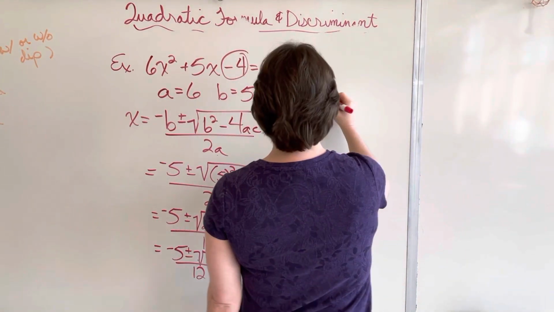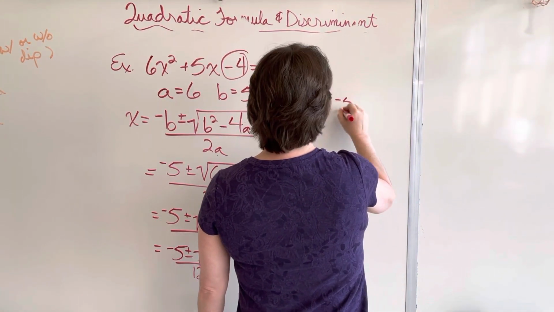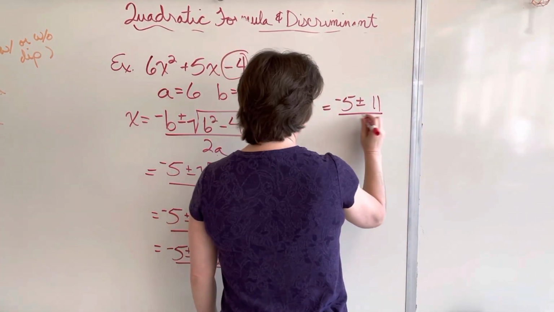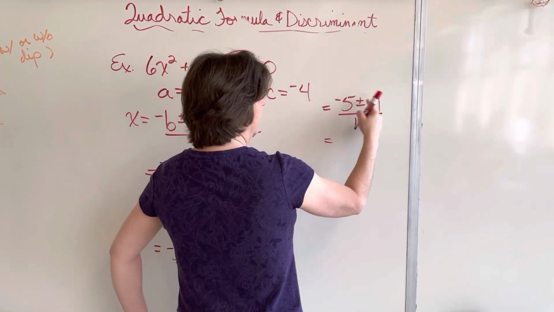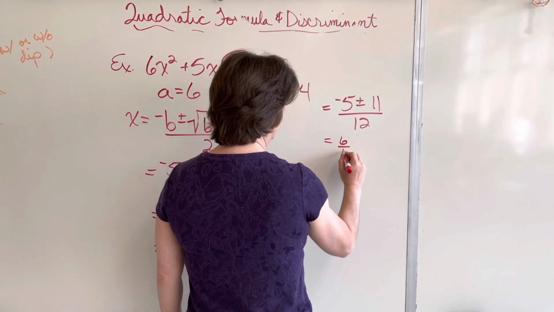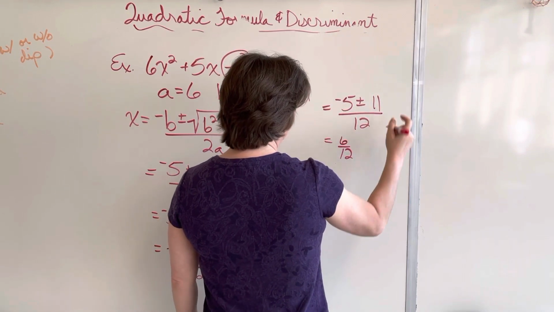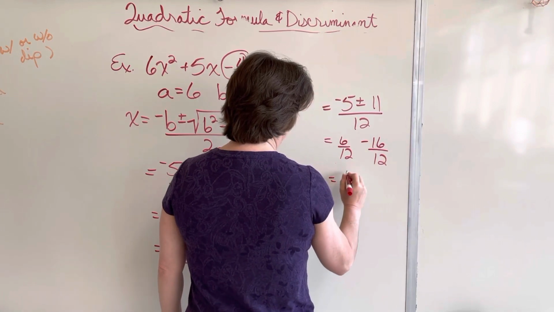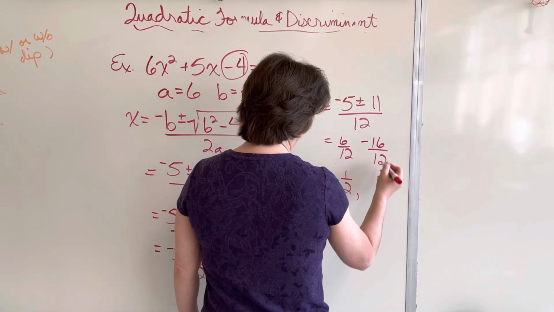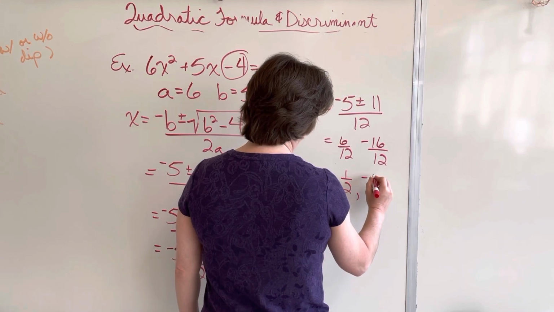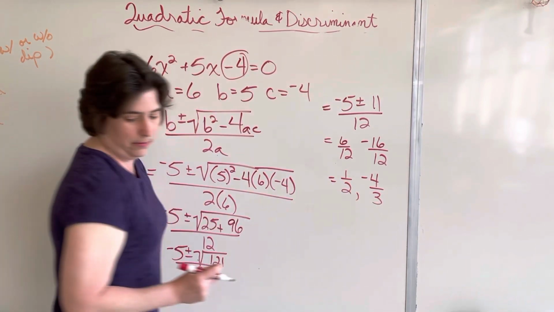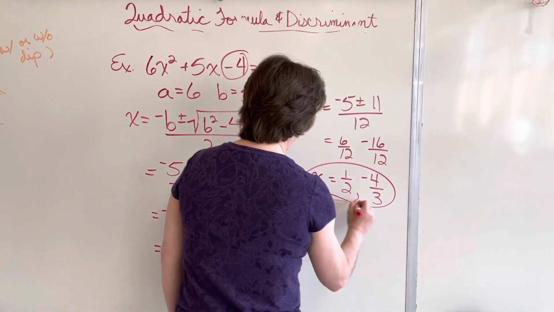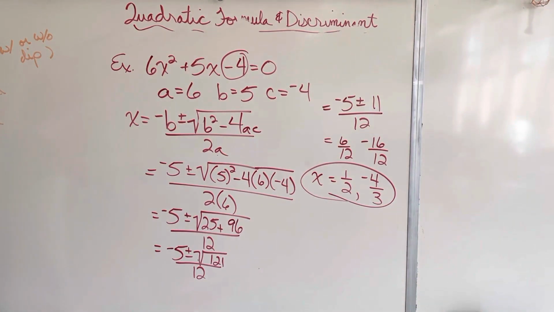Equals negative 5 plus or minus the square root of 121, which is 11, all over 12. So I've got negative 5 plus 11, that's 6 over 12. I've got negative 5 minus 11, which is negative 16 over 12. That equals 1/2 and negative 4 over 3. So x equals 1/2 and negative 4 over 3. Those are my 2 answers using the quadratic formula.